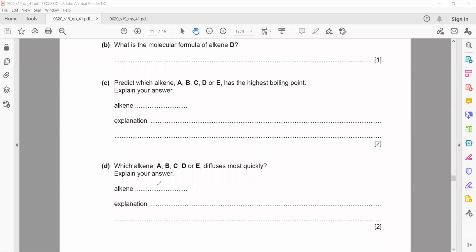So answer is A, because lowest relative molecular mass, so I can write Mr. It's not about the number of bonds; the diffusion depends on the mass.